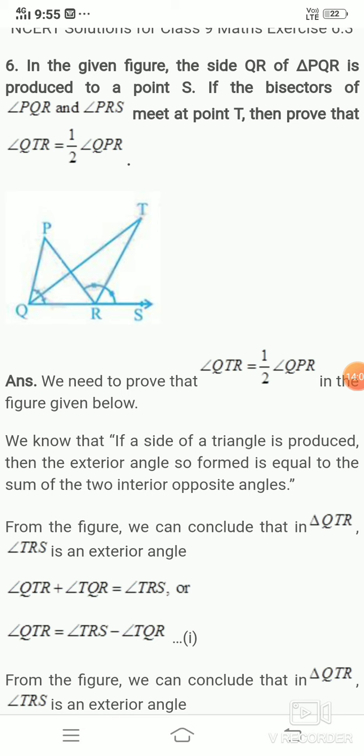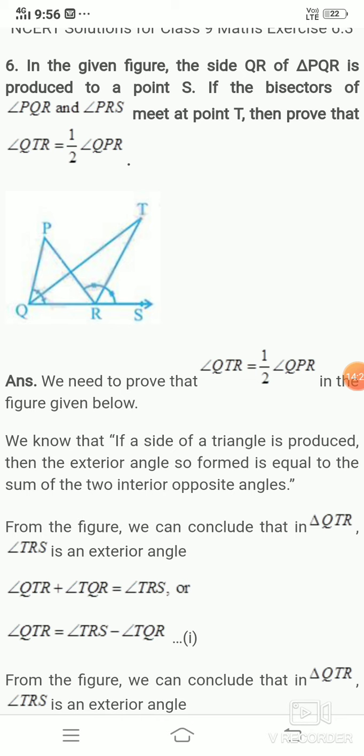In the triangle QTR, TRS is an exterior angle, so TRS equals QTR plus TQR. Now we need QTR, so write QTR equals TRS minus TQR.